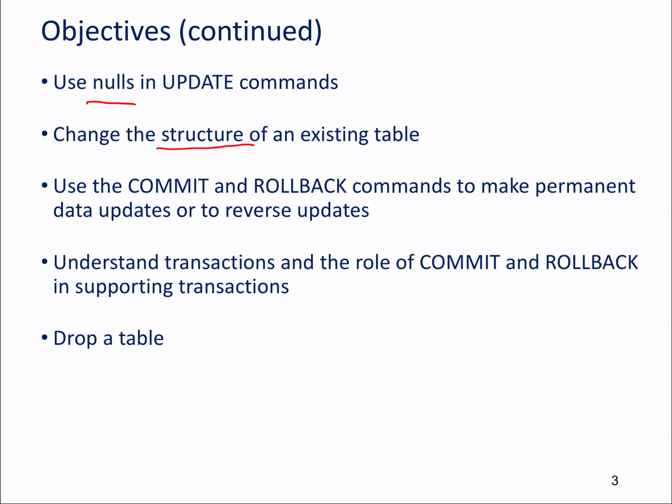We're going to use two commands to control the transaction. One is called commit, the other is called rollback. These two commands will help you control the transactions and submit them to the database. Finally, we're going to look at how to drop a table.